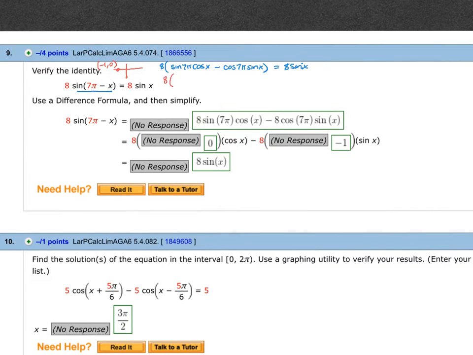This would be 8, sine there is 0, times cosine, minus negative 1 times sine. This is 8 times, this is gone, negative times a negative is a positive sine x. I get 8 sine x equals 8 sine x.